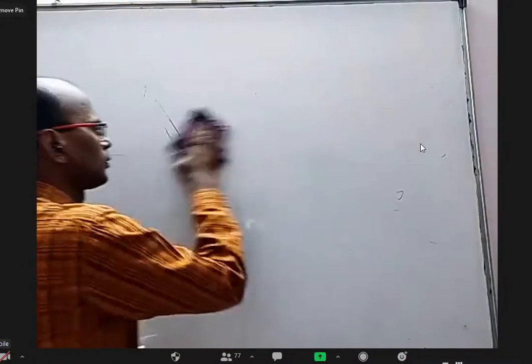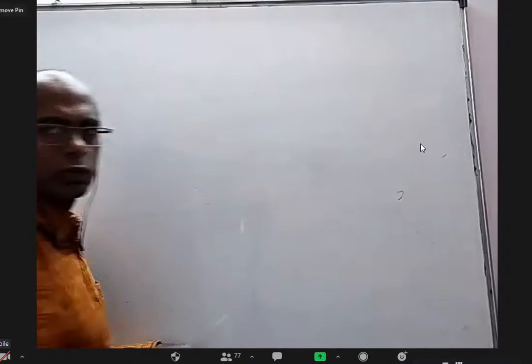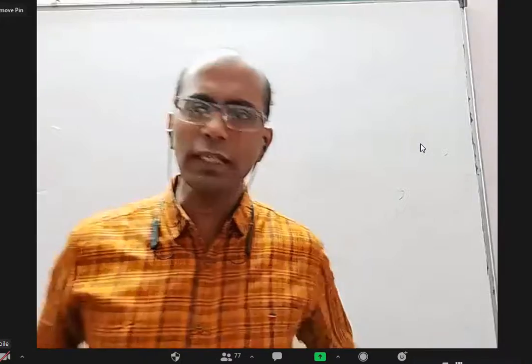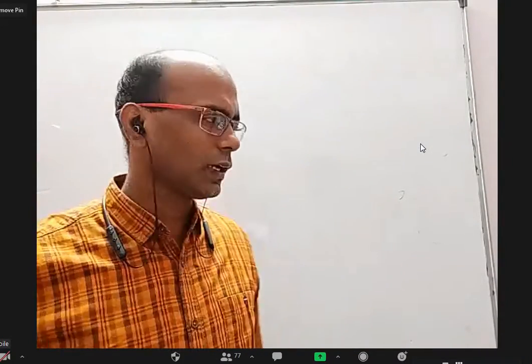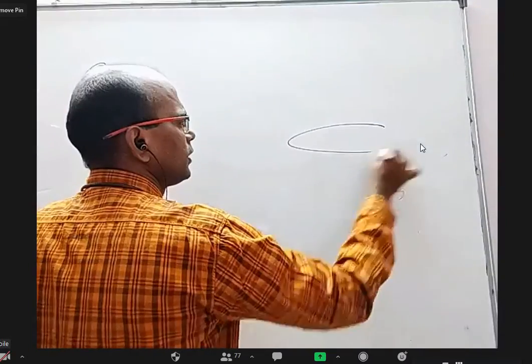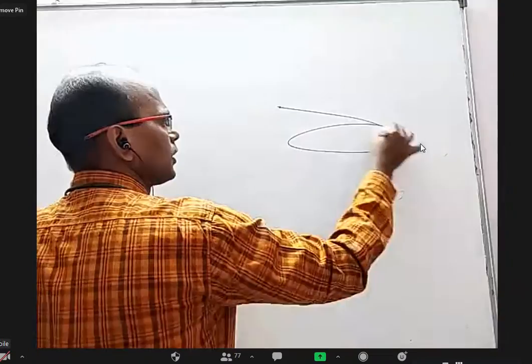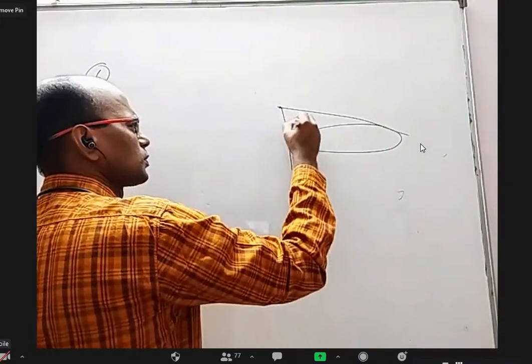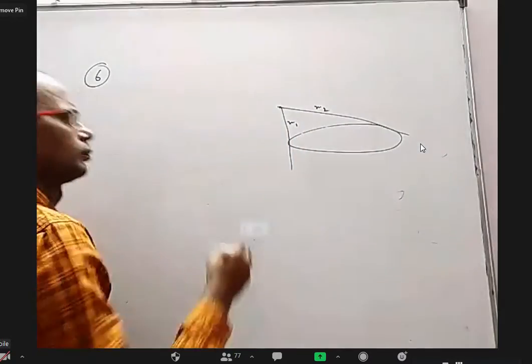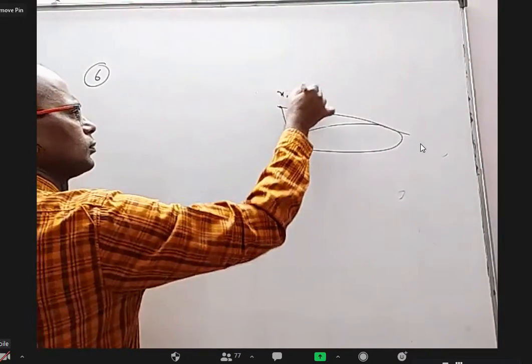Okay. So we have to continue about the tangent and normal, those things. Yesterday, the last point is, I think, general tangent, y equal to mx. That is 5th point, right? Yes. 6th point. I have an ellipse. From an external point, I have drawn 2 tangents, and the slopes are m1 and m2. This is x1, y1.